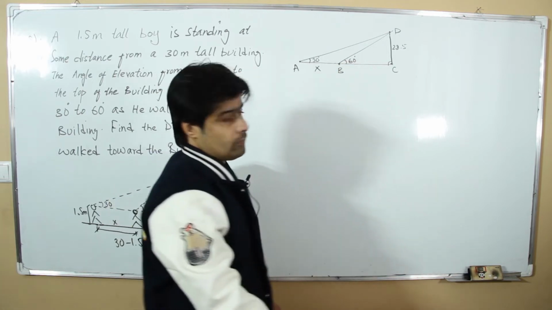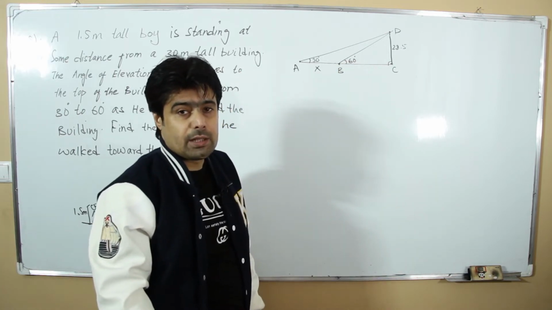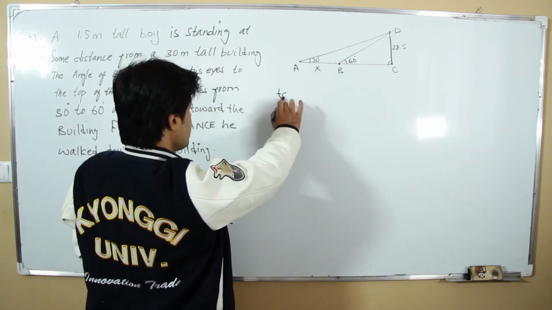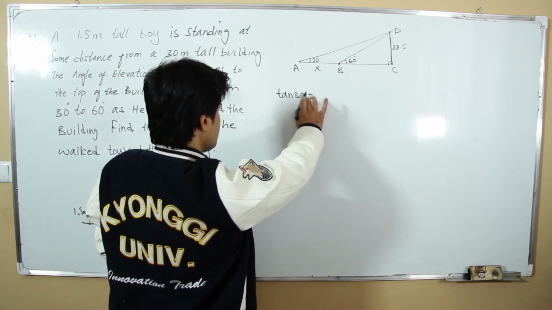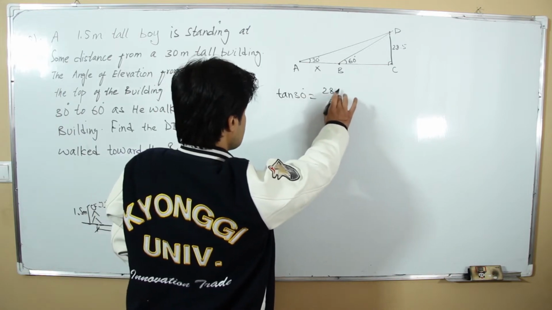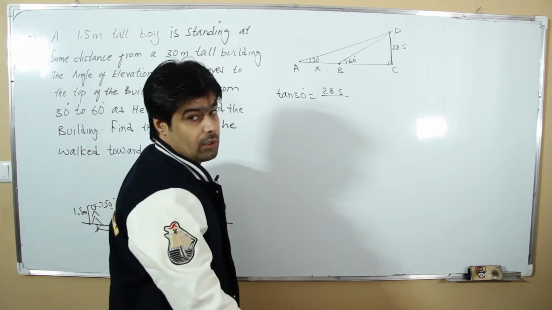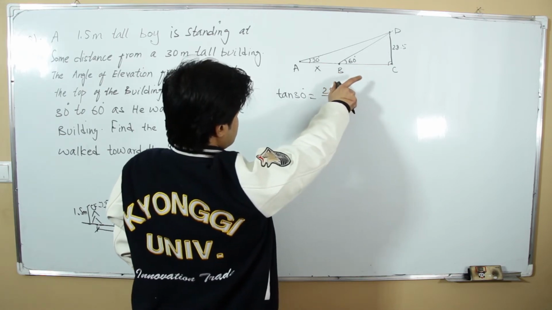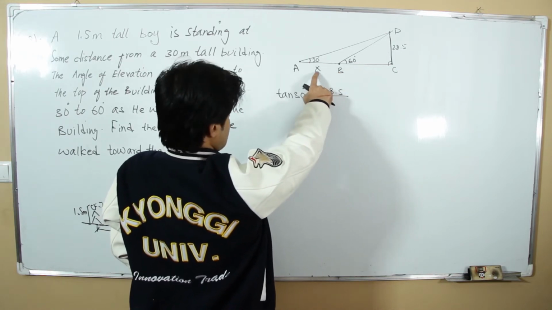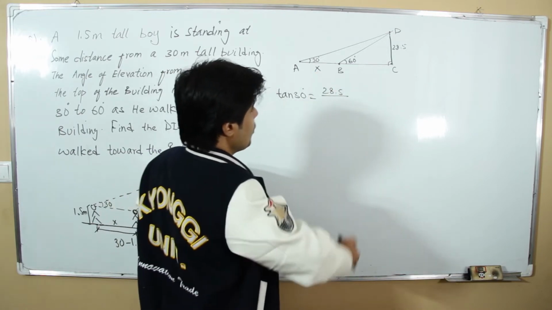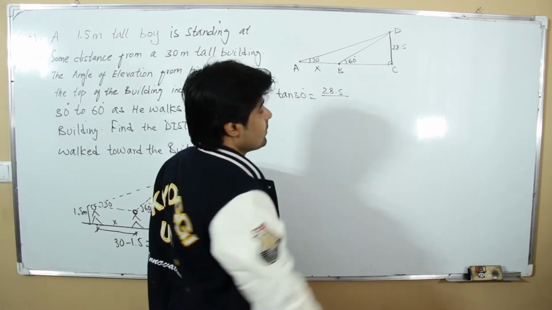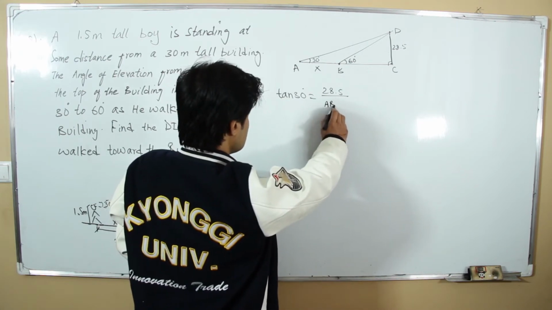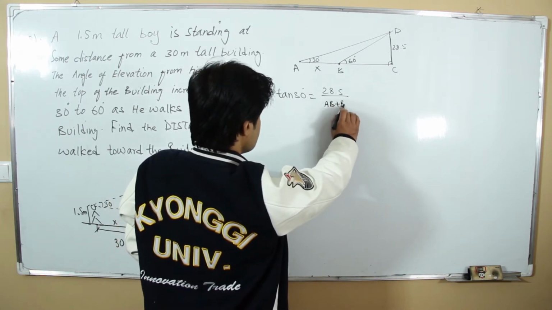Definition between opposite and adjacent, it is tangent. So for 30 degree, we will define tangent of 30 is equal to 28.5 divided by what? Divided by this one. What this one is? I think it is x plus something, or AB plus BC. Am I right or not? Yes. AB plus BC.